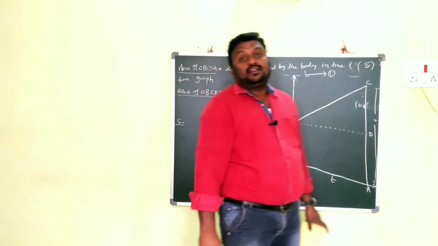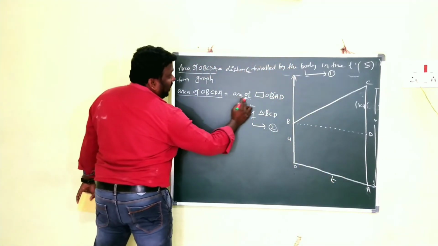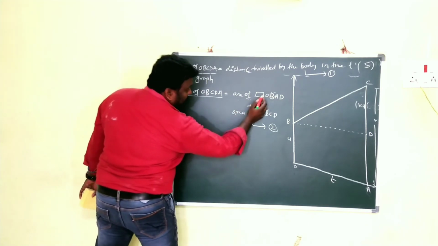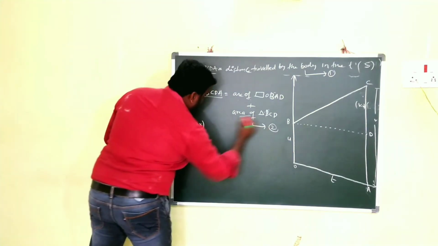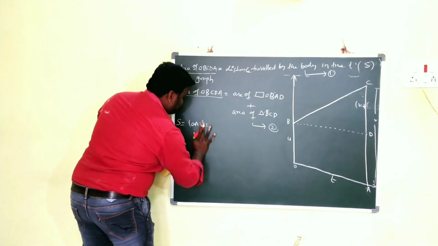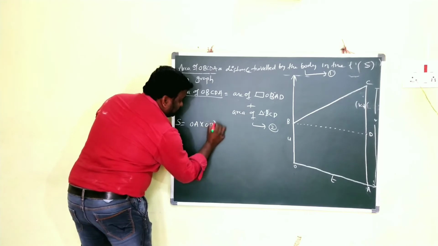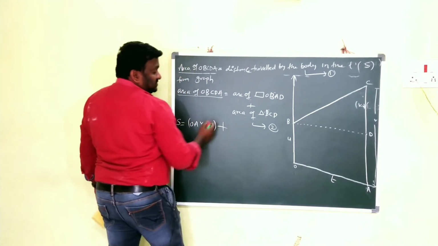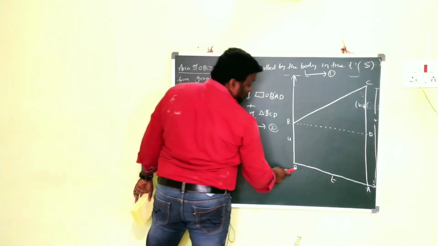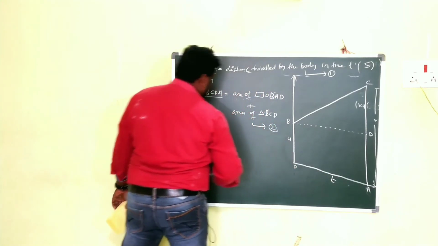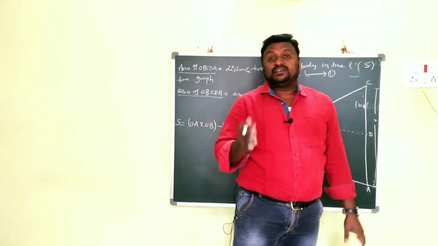What is the area of a rectangle? Length into breadth. So the area of OBAD: length is OA, into breadth OB, so OA into OB. Plus, the area of a triangle is half into base into height.